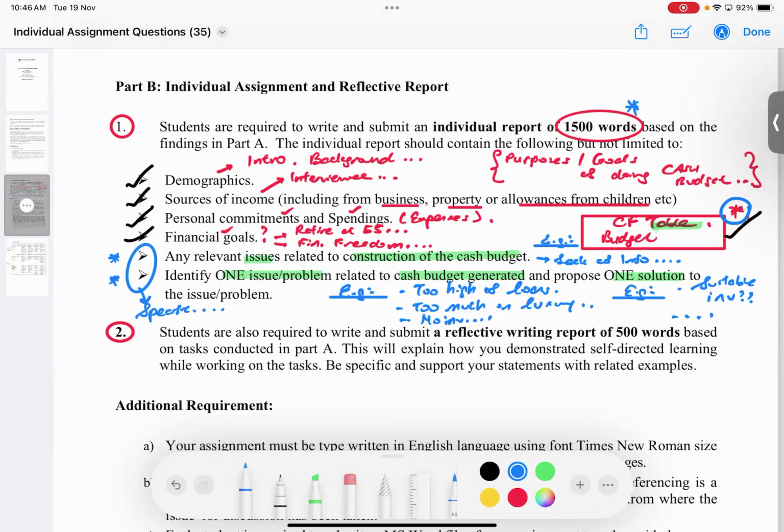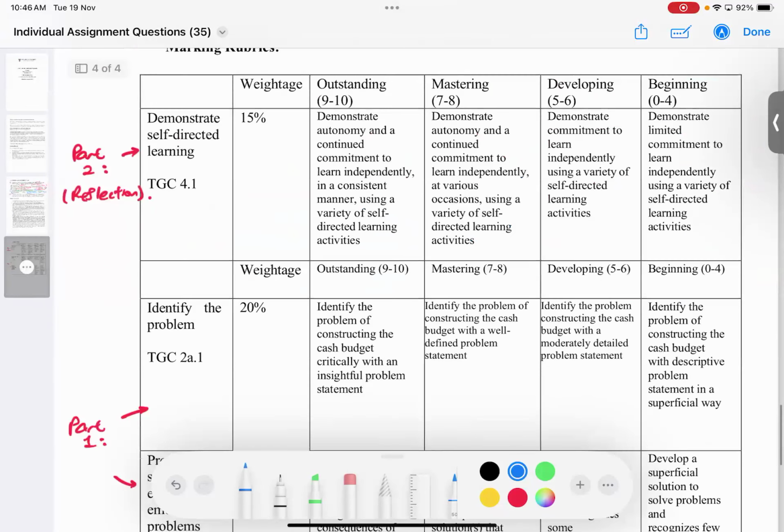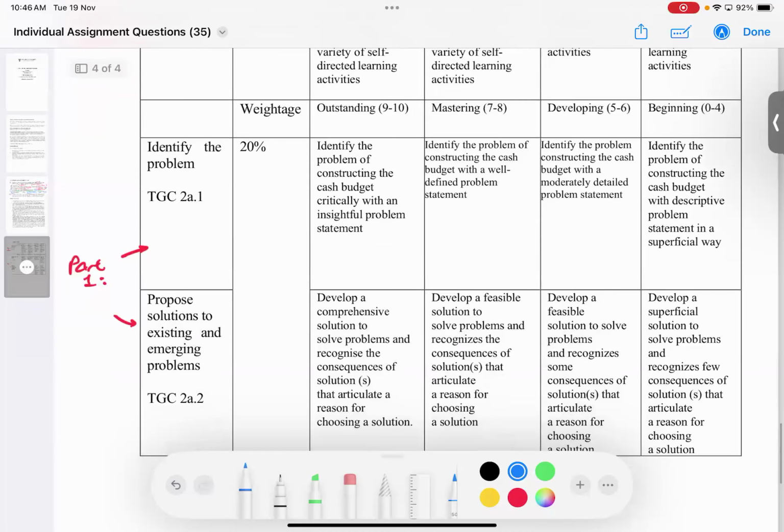You can see in the mark scheme that they allocate quite a portion here. For example, identify the problem of constructing the budget, critically provide a problem statement, and then provide a solution to solve the problem and recognize the consequences. So the weightage is quite high for those components, so you can spend more words on that.